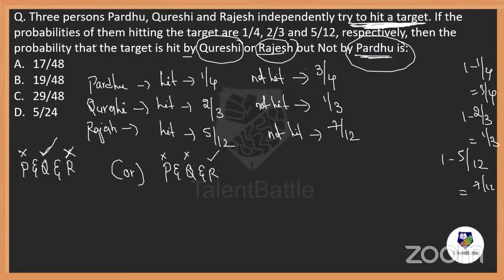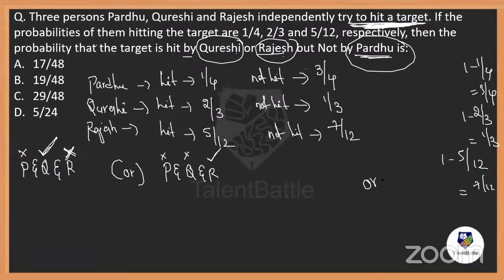Now just substitute the values. Prabhu is always no. If Qureshi hits, Rajesh will not, and if Rajesh hits, Qureshi will not.